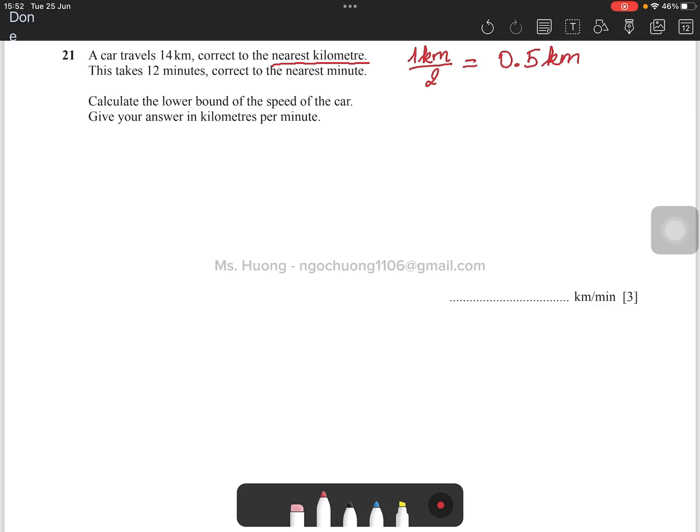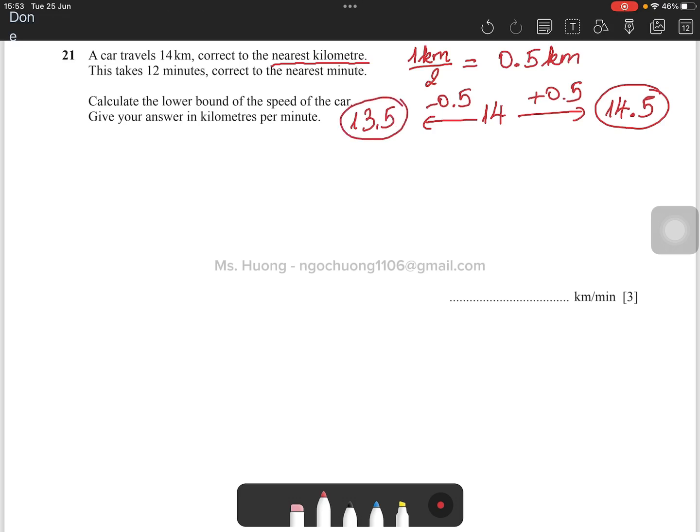And then the distance 14, we need to add 0.5 and subtract 0.5 to find the upper and lower bound of the distance. The upper bound is 14.5 kilometers and the lower bound is 13.5 kilometers. This is the upper and lower bound for the distance.